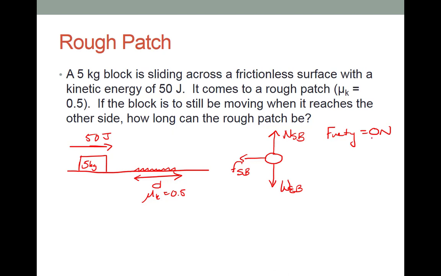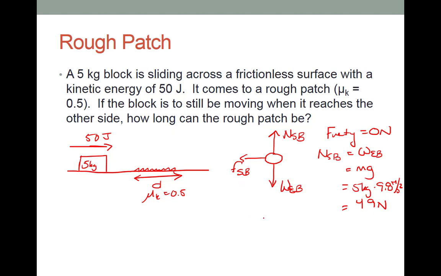In the vertical direction, there's no net force, so the net force in the y direction is 0. Which tells us that our normal force equals the weight force, which equals mg, which is 5 kilograms times 9.8 meters per second squared, which is 49 newtons.